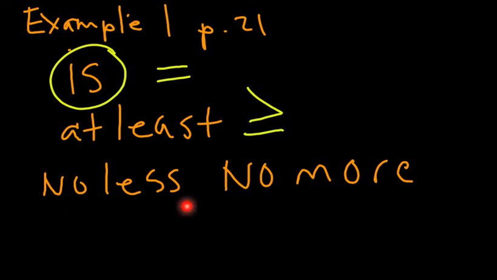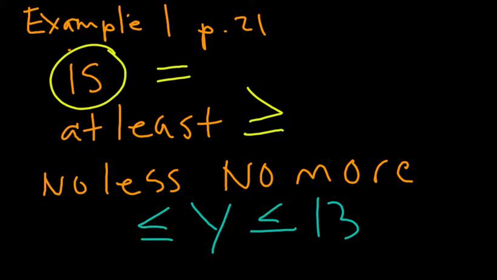When you see no less and no more, you're going to know that this is a special kind of inequality that puts something in between. So that is why they have a y and they have a less than or equal to 13 and a less than or equal to 5. What they're saying is y comes in between those two.